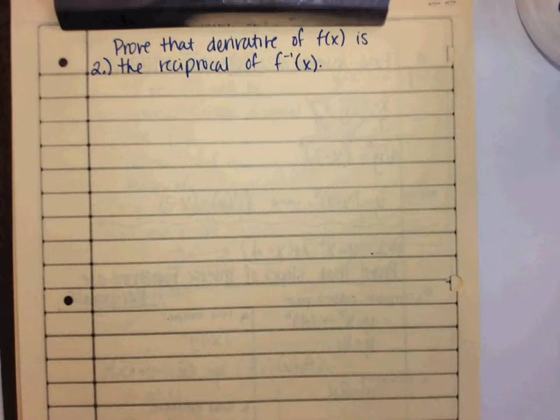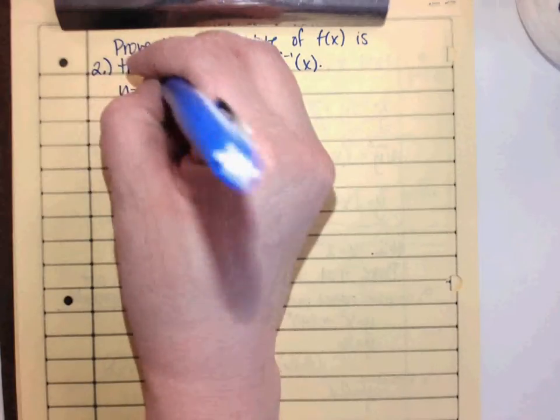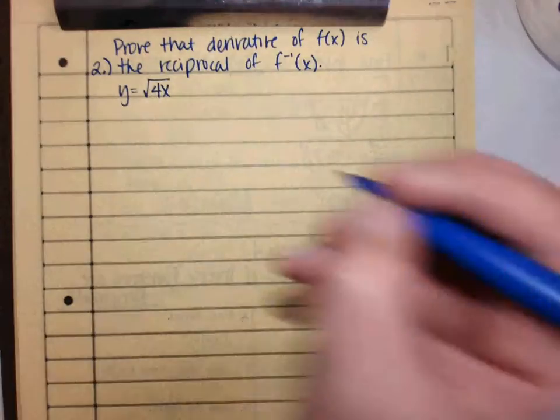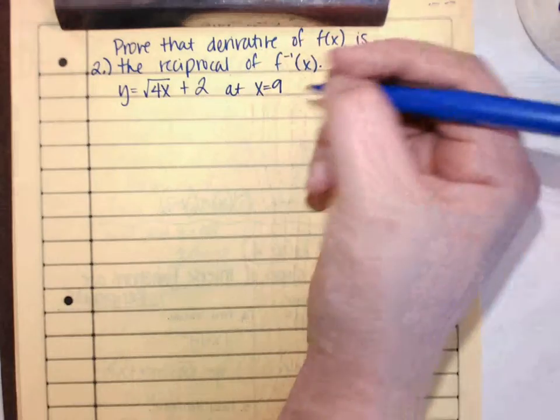Which, remember, is the exact same instructions that are on your homework, and we got through one example of this yesterday. Hopefully we'll get through both of them today. So the next one that we're going to look at is y equals the square root of 4x plus 2 at x equals 9.